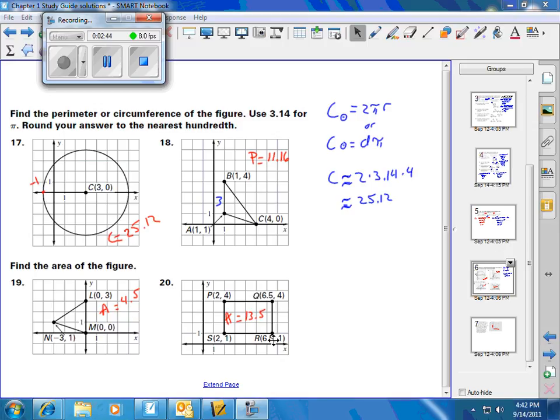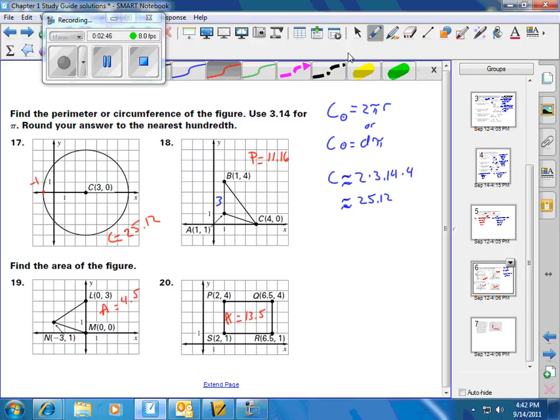Okay, and then again we've got vertical and horizontal lines, so we can see the distance between the points here. This is 3 and so forth, and this is 6.5 minus 2, which is 4.5, and 3 units, and then this is also going to be 4.5 units. Okay, and as for the area, that's just 3 times 4.5, which is 13.5.